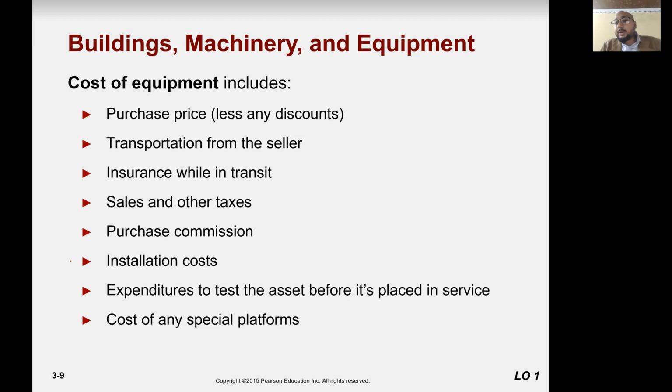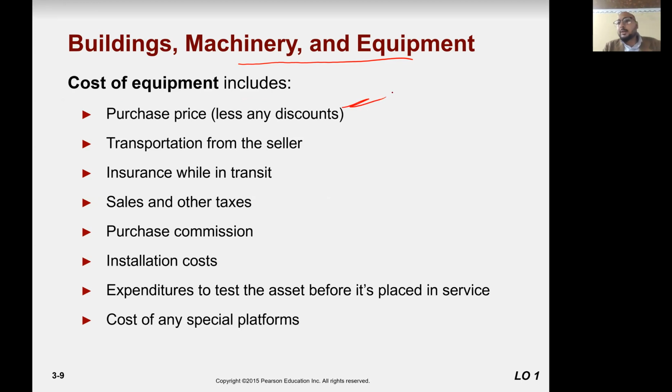Now, cost of equipment, like I told you, purchase price and any cost incurred for the first-time running of the machine or equipment.